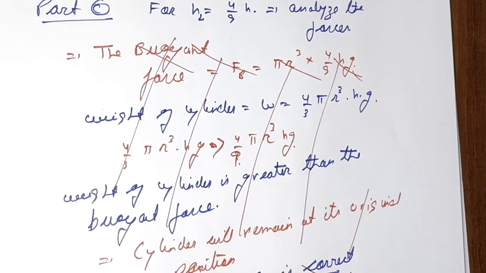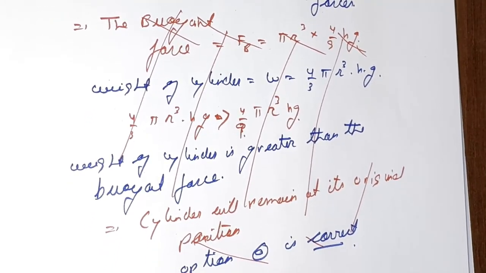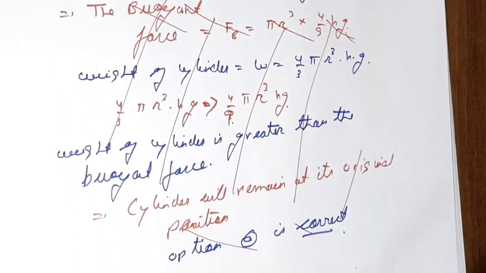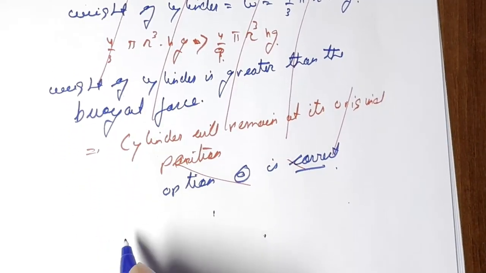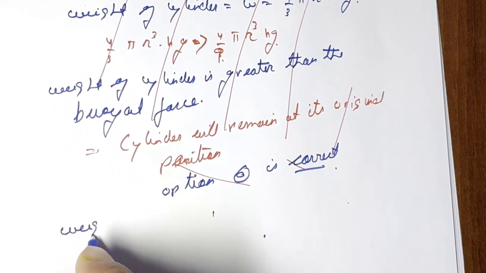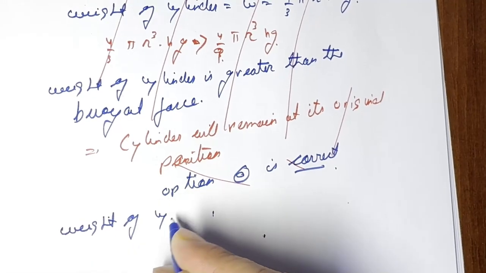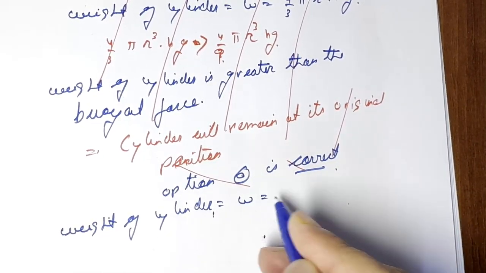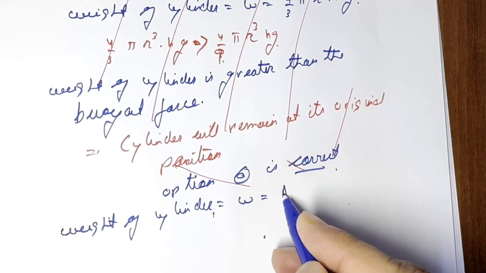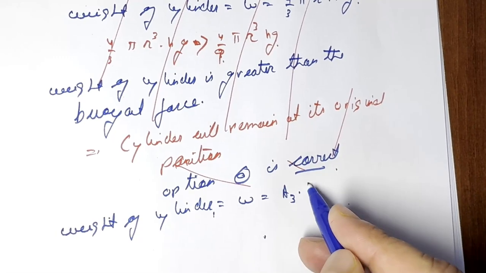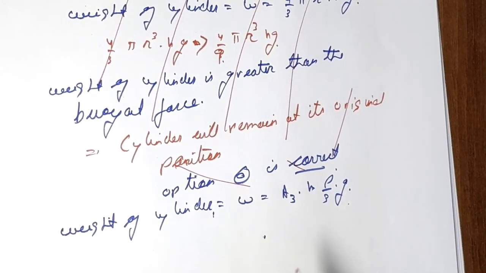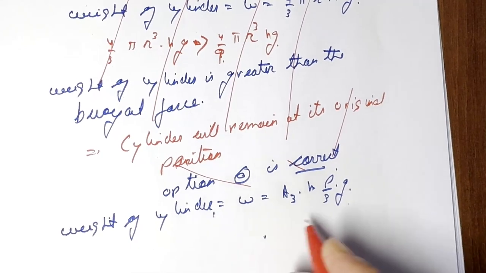Sorry, there was some major calculation problem on the part C. So let me do it again. So we are going to analyze the forces at the height h2 is equal to 4/9 h. So let us start with the weight of the cylinder, which we also calculated previously, and that was A3 multiplied by h rho by 3 multiplied by g, and we know A3 is our 4 pi r square.